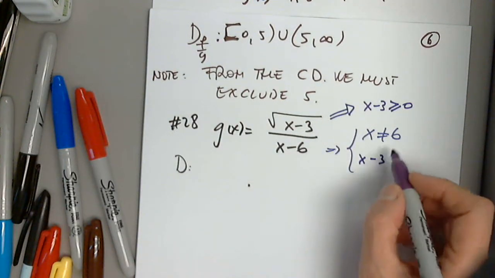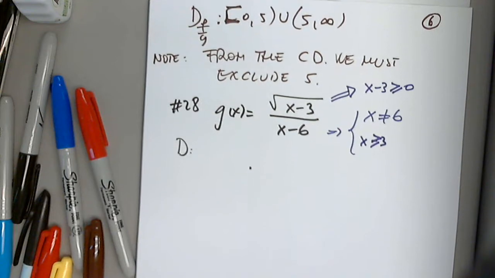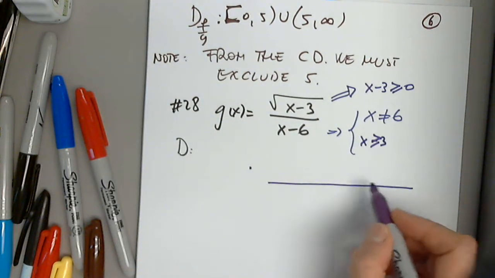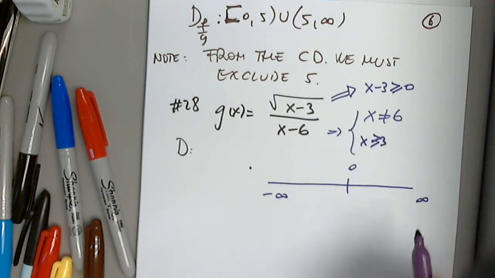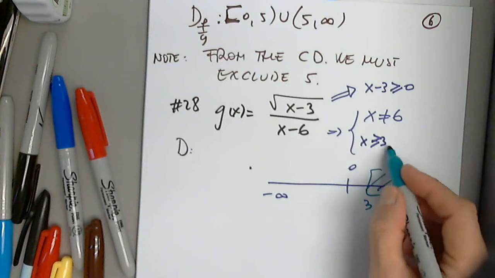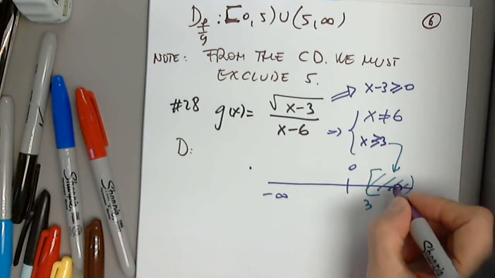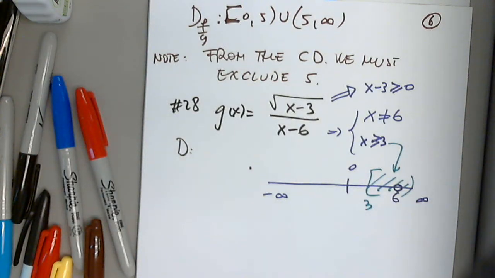So I have two restrictions, x greater than or equal to 3, but not 6. So let's look at the real line if this gets confusing. So 3 to infinity is this. And we do not want 6 in there. We don't want 6. So what is the domain of g then?